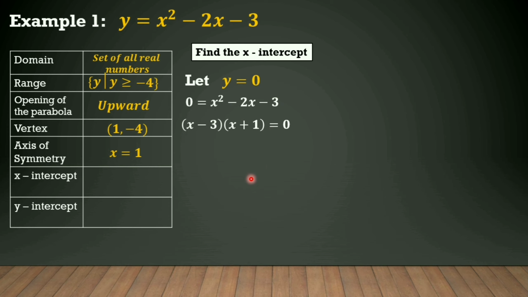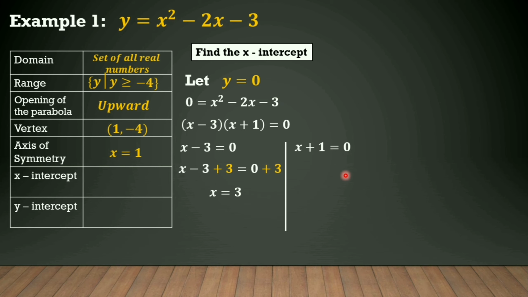And then next, apply the zero product property as we said, each factor equal to 0. So x minus 3 is equal to 0, then x plus 1 is equal to 0. Then applying the addition property of equality, mag-a-add tayo ng positive 3 both sides of the equation para x na lang ang matira dito sa left side. So we have x is equal to 0 plus 3, which is 3.